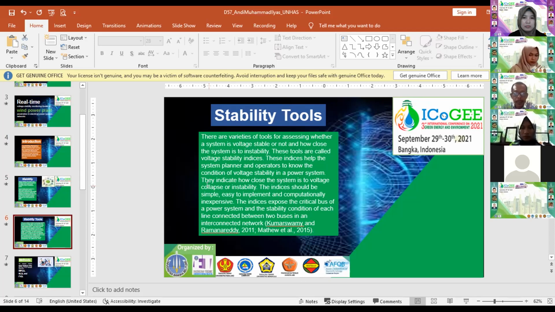This is from Kumar Swami and Raman Reddy, 2011, and Matter et al., 2015.